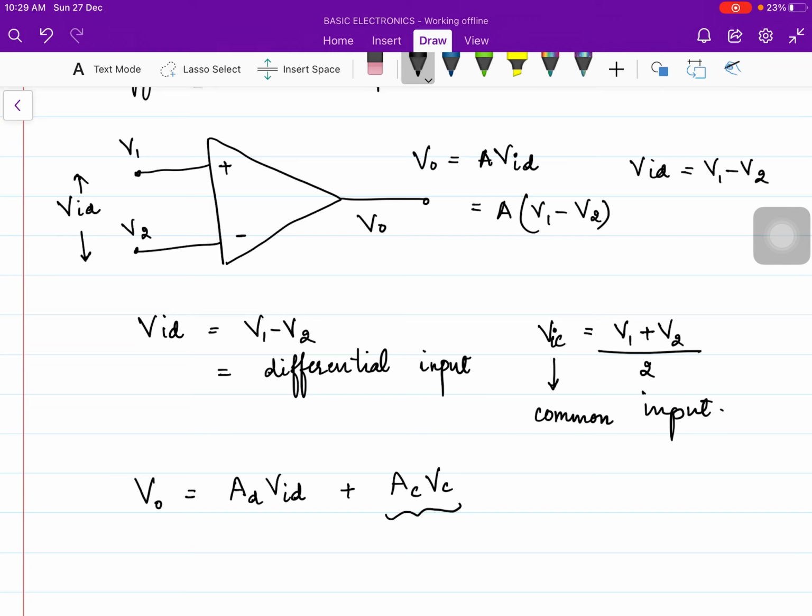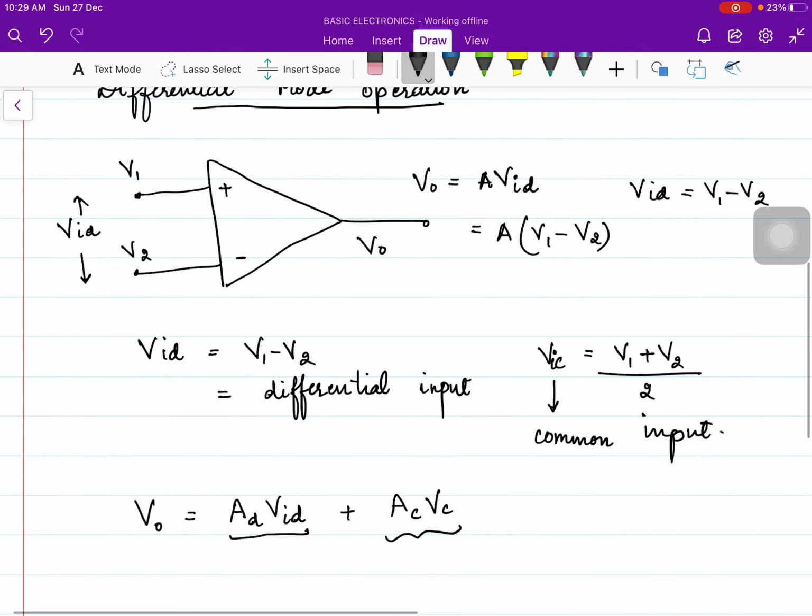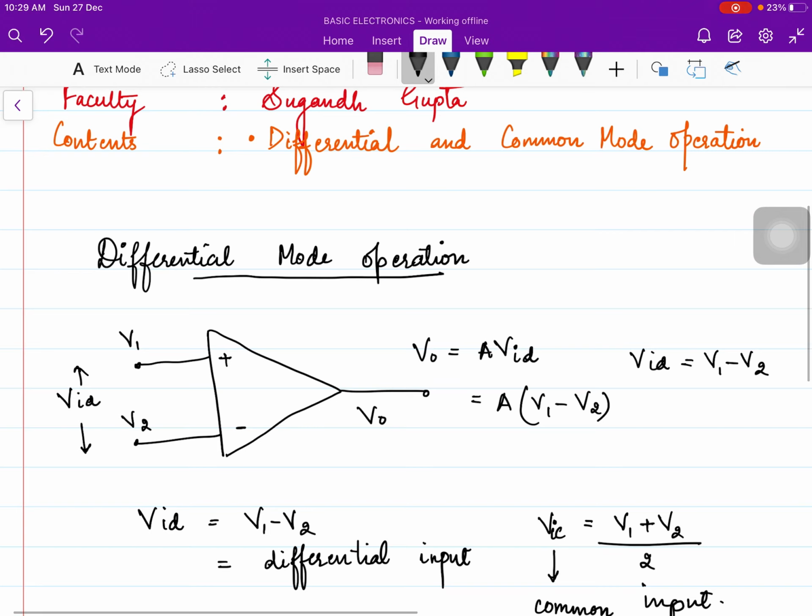But this part was too low, therefore we neglected it and considered only the part we learnt in the previous lecture as the formula, and we have to remember that. But because here we are studying the differential and common mode operation, we need to know it. So I am writing the heading, and common mode operation, because we are going hand in hand.